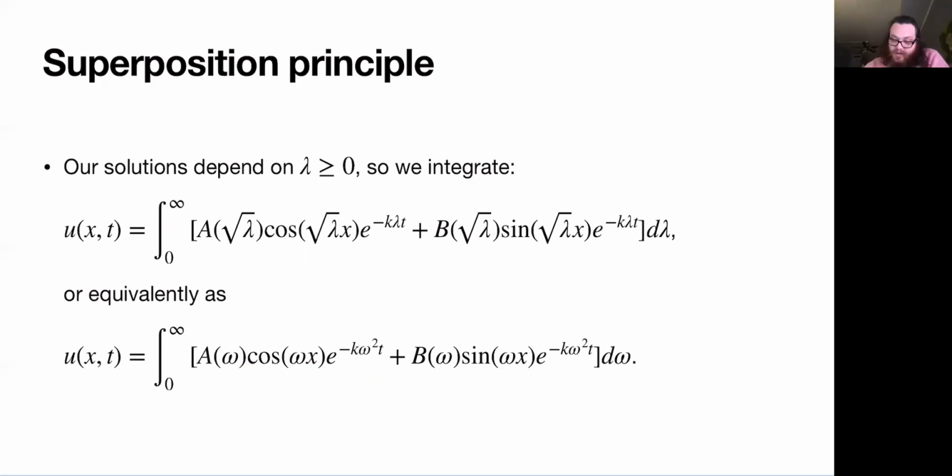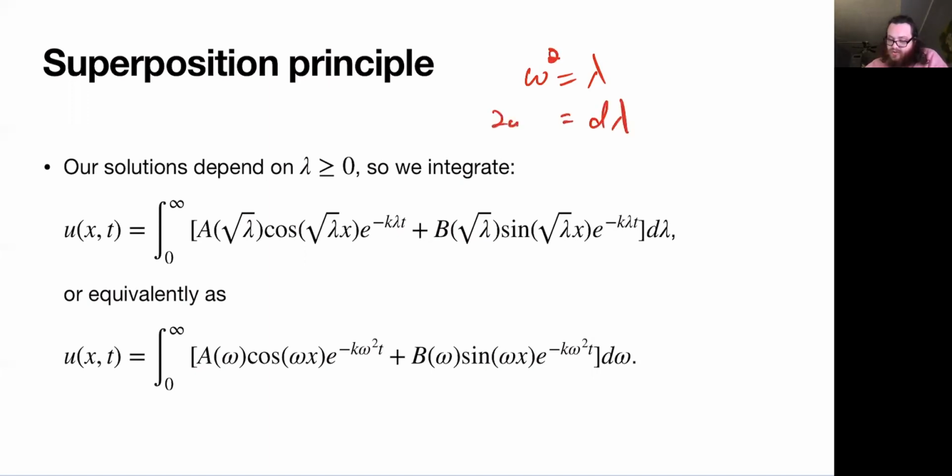Okay. So if you wanted to make this precise, you could do a change of variables where you say what omega is. Omega is lambda squared. Is that right? No, my bad. Other way. Omega squared is lambda. So what is d lambda?